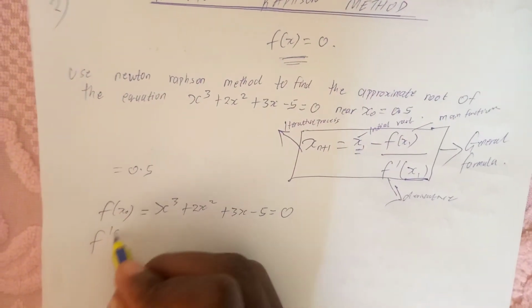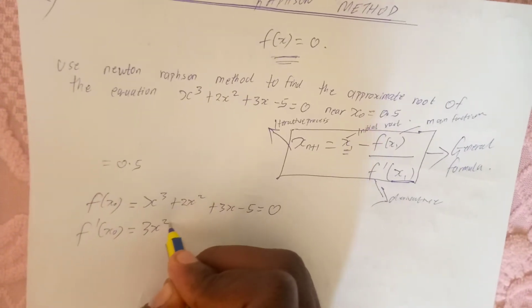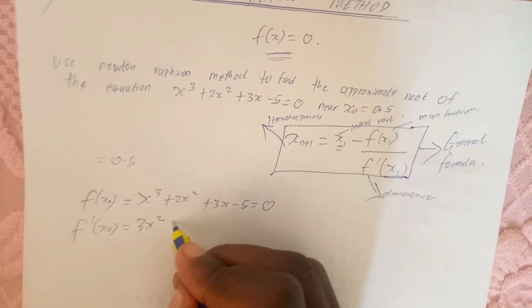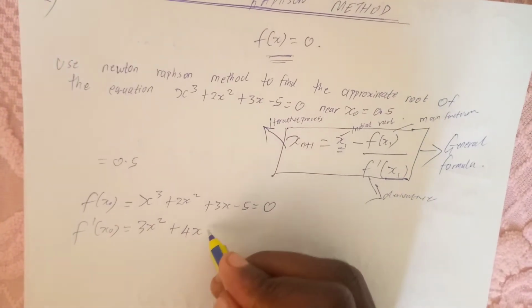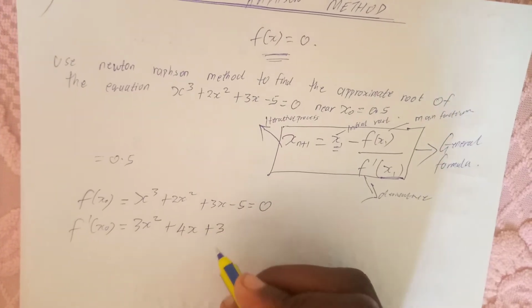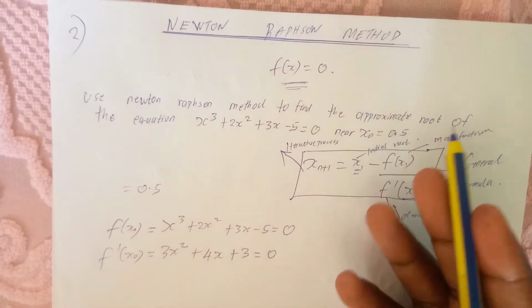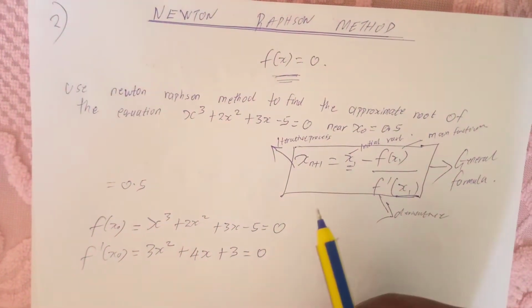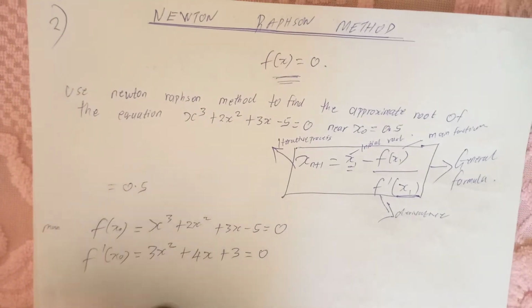Our derivative will be 3x squared plus 4x plus 3, equals 0 when using the Newton Raphson method. This is the derivative of the main function.